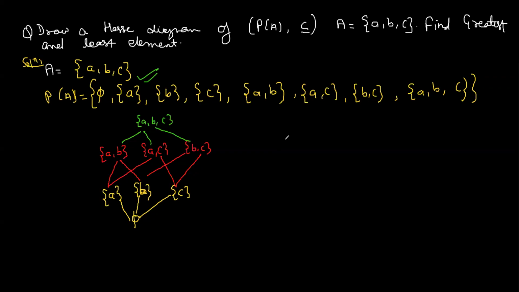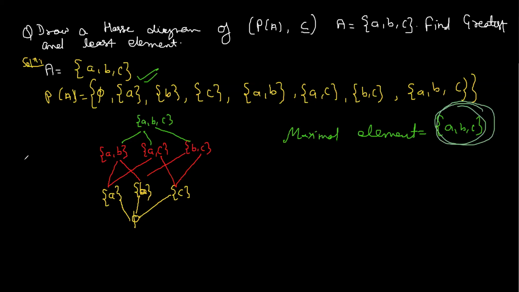So what is the maximal element? ABC, because everything is a subset of ABC. And this is unique, right? Unique means only one element is there, right? If this is unique, then you can say this is the greatest element, right? Okay.